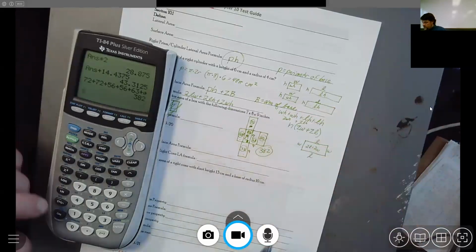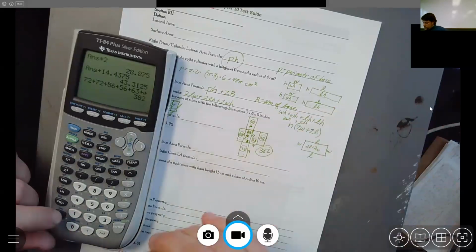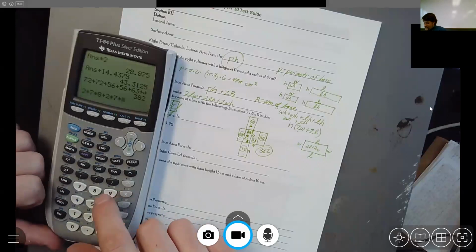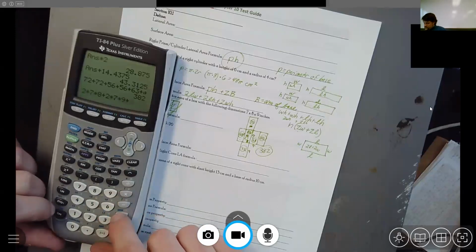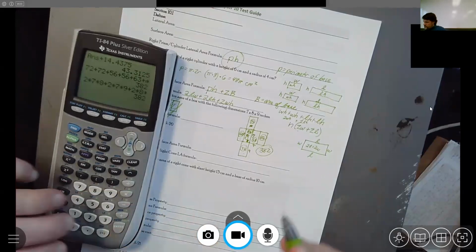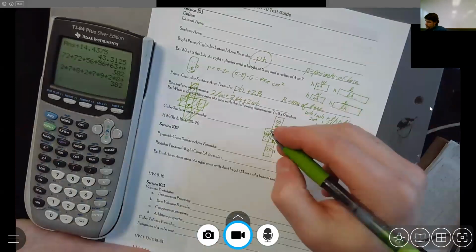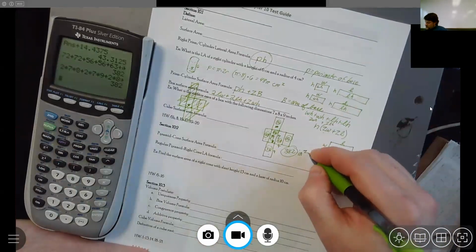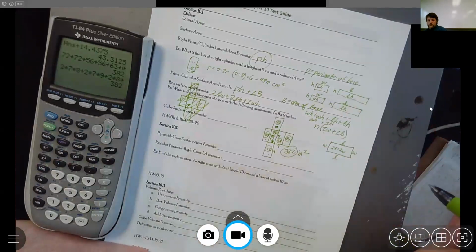So using the formula, we would do 2 times 7 times 8 plus 2 times 7 times 9 plus 2 times 8 times 9. There's my 382. And so we're still dealing with area, so our answer is going to be in inches squared. Hopefully that's what you got when you tried it.